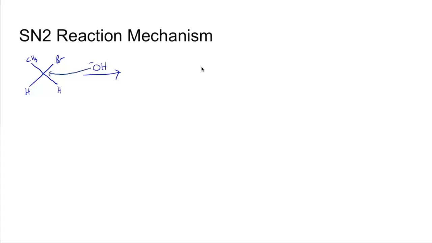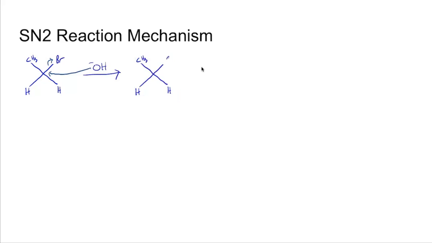And it's going to do what's called a backside attack, where the nucleophile attacks the molecule from the back. As a result, our bromine is going to be kicked off the molecule because carbon can't have more than 4 bonds. So in one swift step, we have replaced our bromine with our nucleophile, which is hydroxide again.